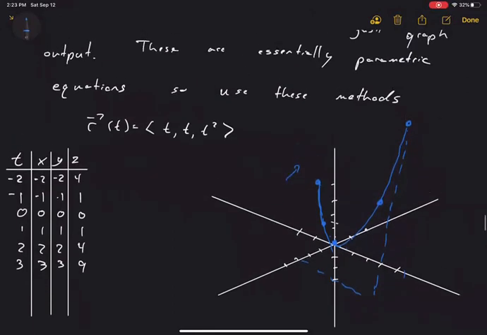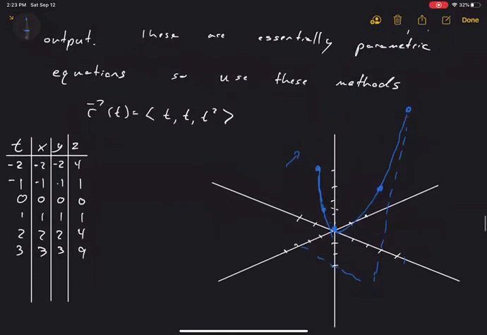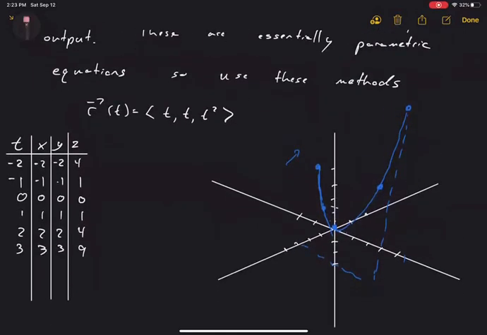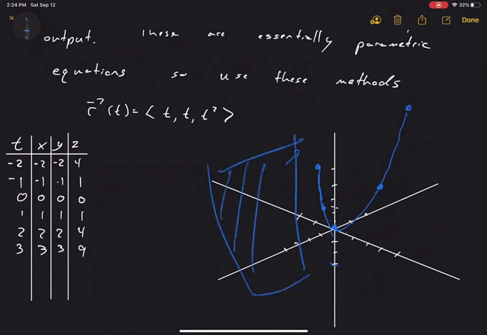So this is one way we can make these curves, which we're going to talk about later. But the important point I want to drive home here is that there's not much to this curve, right? We've seen planes which have a lot more substance to them, this big wall of points. And now we've got this vector valued function giving us this insubstantial curve.